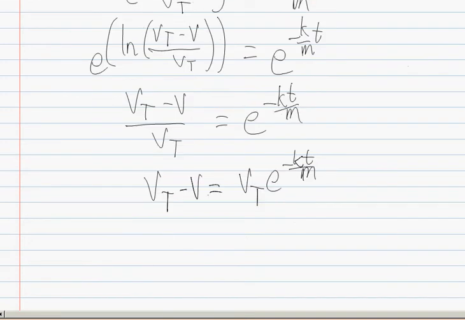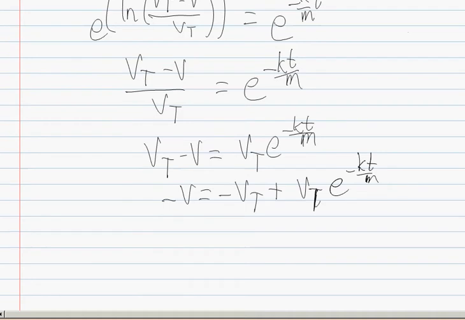I move this to the other side. I have negative v equals negative vt plus vt e to the minus kt over m. Multiply both sides by -1.